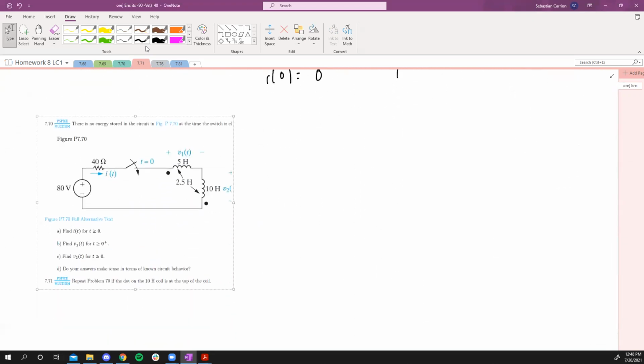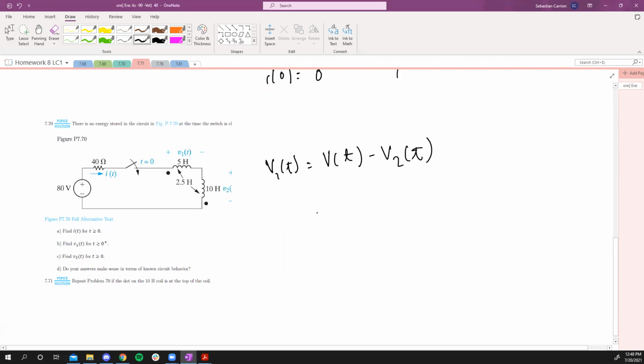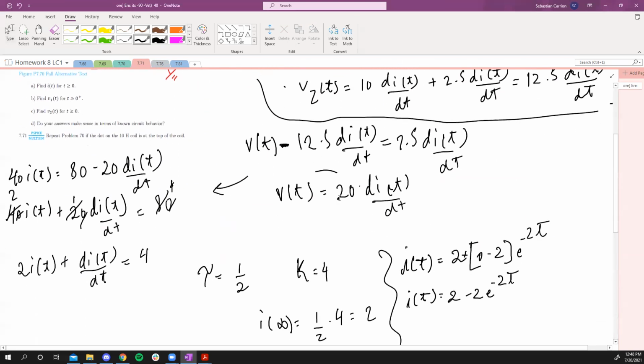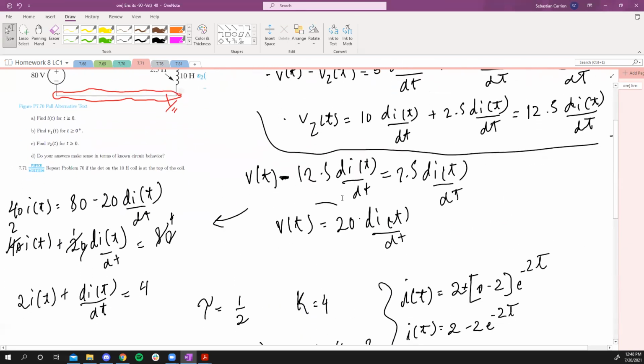Now we can go for v1. We know v1 is going to be equal to VT minus v2T, and we know the value of each. VT is equal to 20 and v2T equals 12.5.